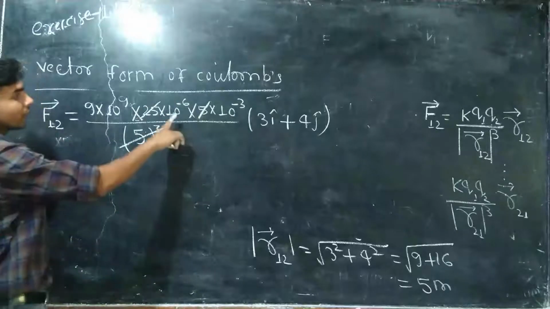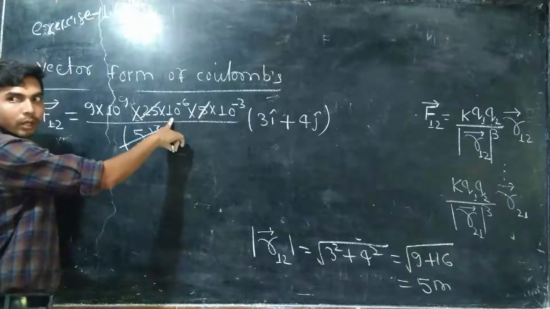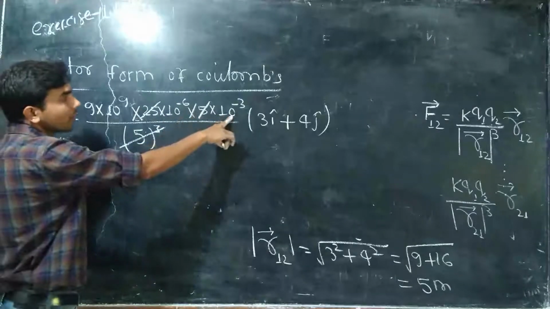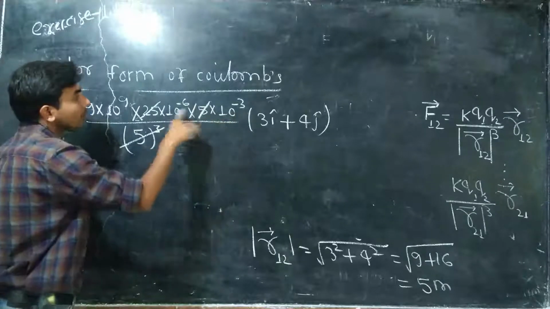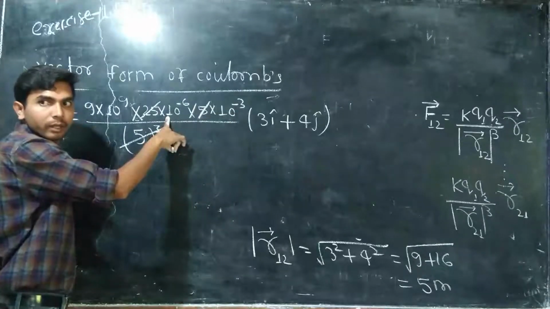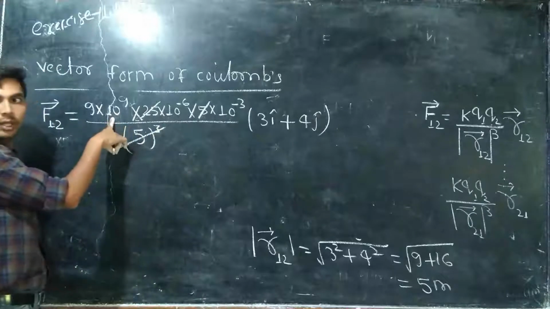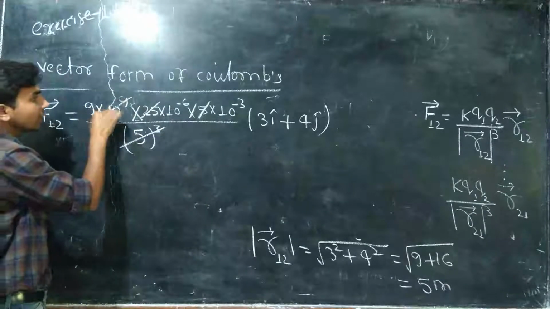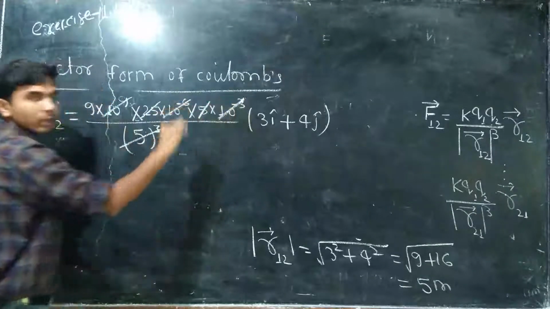Now see, 10 to the power minus 6 and 10 to the power minus 3 gives 10 to the power minus 9, and 10 to the power plus 9 is already here, so this one is cancelled by this.